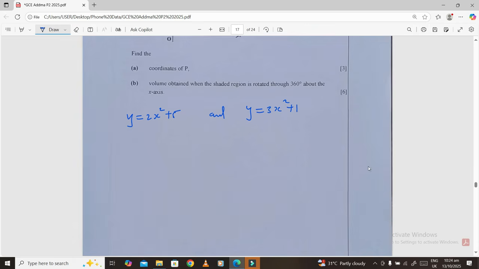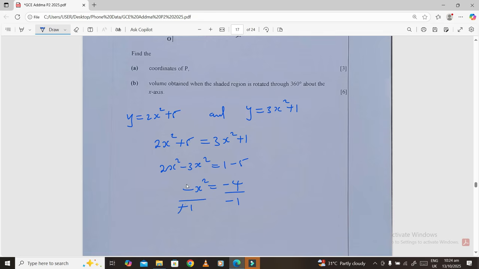So equate these equations: 2x power 2 plus 5 is equal to 3x squared plus 1. We group the like terms. 2x squared minus 3x squared is equal to 1 minus 5. This is minus x squared is equal to minus 4. Divide by negative 1 by negative 1.